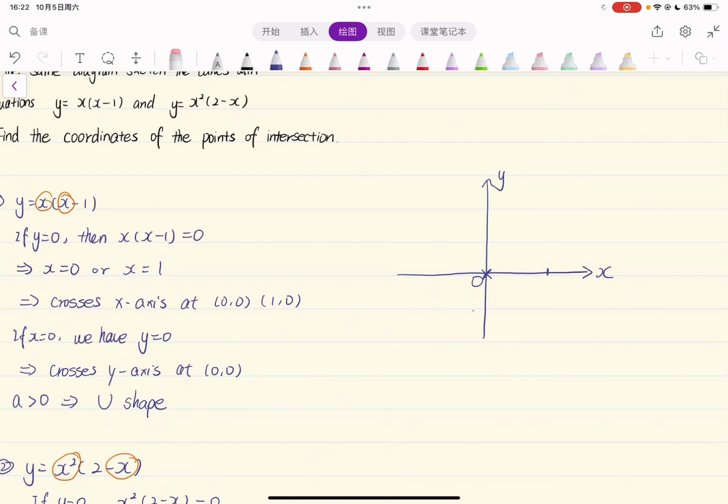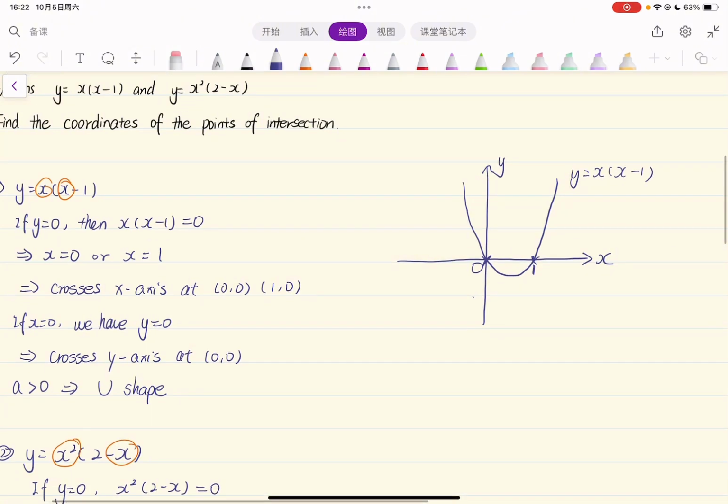Maybe let me make it a little bit bigger, 1 is over here. It crosses the y-axis also at the origin, and it has a U shape. So we sketch something like that. So that is y equals x times (x minus 1).